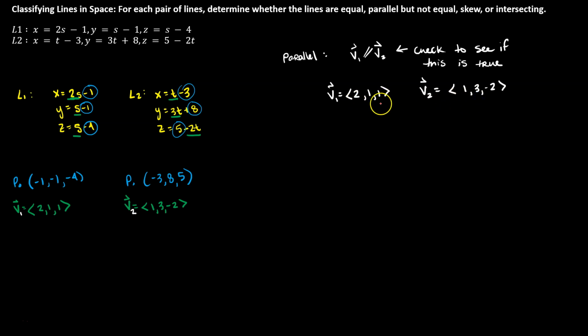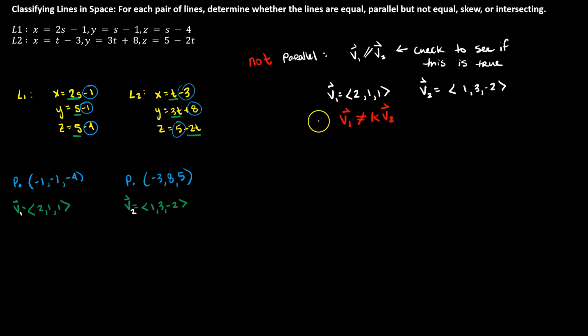In fact, there's not a number that I can multiply to v1 so that it's equal to v2. Or vice versa, there's not a number that I can multiply to v2 to make it look like v1. So they're not parallel. They're not parallel because they're not scalar multiples. So v1 is not a scalar multiple of v2.